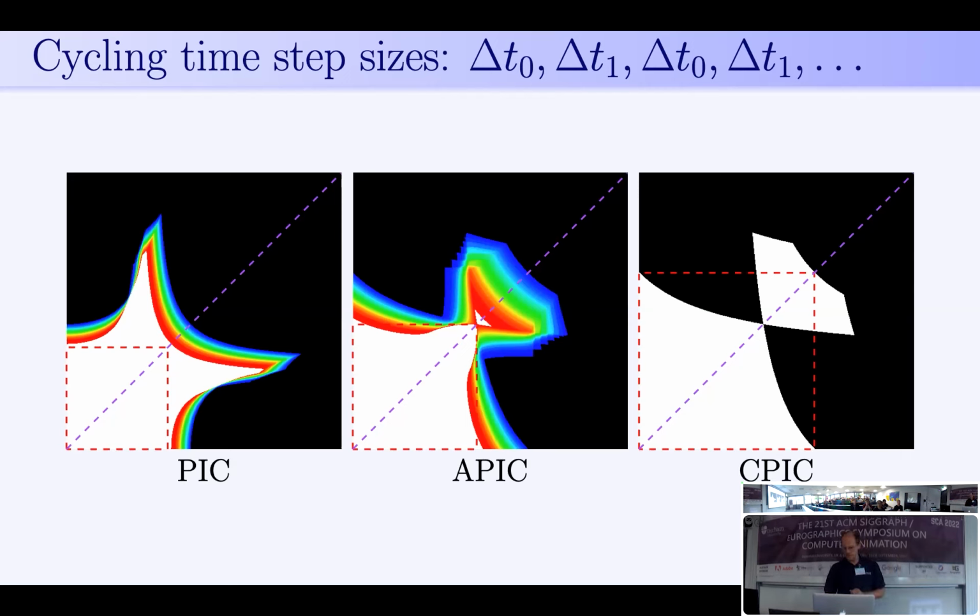What we found through very painful trial and error and debugging is that if you cycle different time step sizes, the stability properties can be radically different. Okay? In these little plots here, white is stable, black is unstable. The diagonal dotted line in purple is when the two time step sizes are equal, so this is constant time stepping.